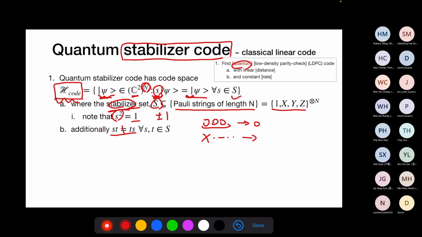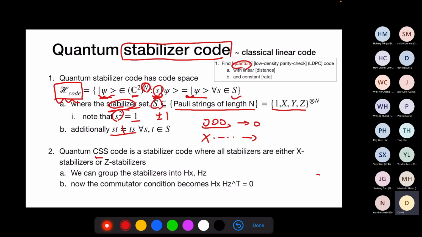Okay, so that's for the quantum code. But in fact, we will look at an even more specialized version, which is the quantum CSS code. A quantum CSS code is a stabilizer code with an additional property: all the stabilizers are either X stabilizers or Z stabilizers. That means all the Pauli operators in a stabilizer are all X or all Z. What's nice about this is that now we can group the X stabilizers together and the Z stabilizers together.